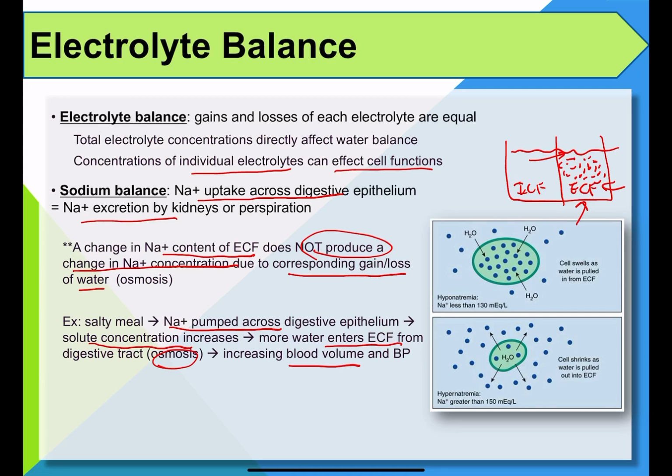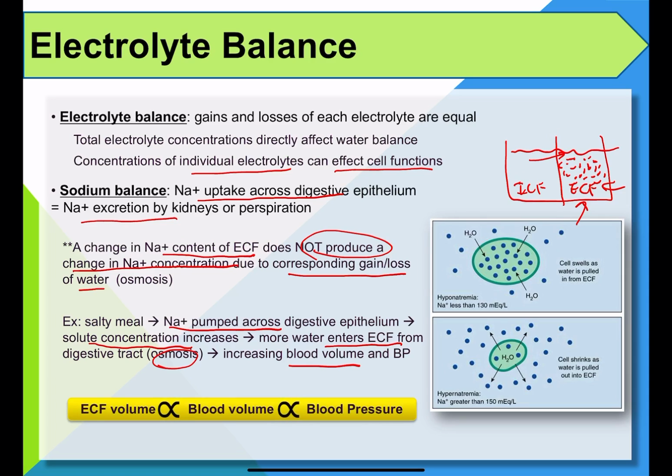That is why people with high blood pressure who still eat salty food would notice that all of a sudden there's all this edema going on in their feet and hands. You feel swollen in your hands because all that salt content is going to drive fluid to move into your ECF, both your blood, which will increase your blood pressure even more, and also increase the amount of fluid going into your interstitial fluid, causing edema.